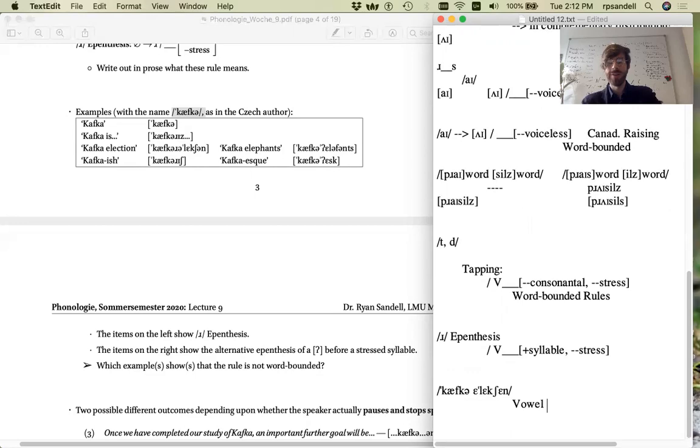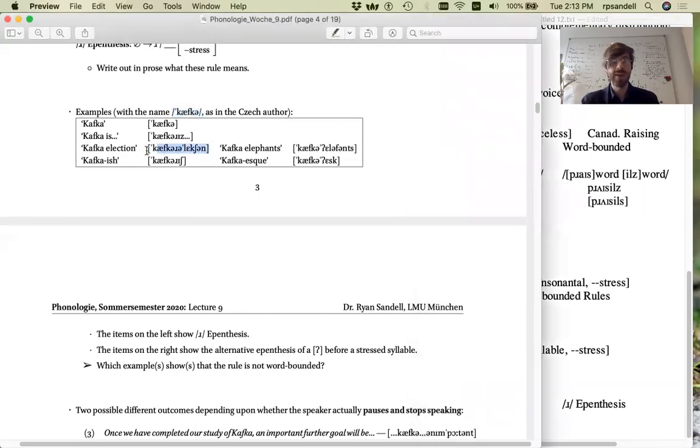So I'll add a rule here of vowel reduction. Maybe to simplify things, I'll just make these into schwas to begin with. And our R epenthesis rule sees that there is a sequence of 2 vowels, and the vowel on the right is stressless. So the rhotic is allowed to be inserted in this context, and we end up with the phrase Kafka-Relection.